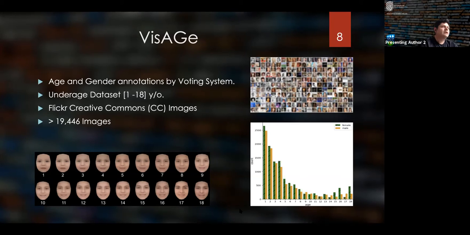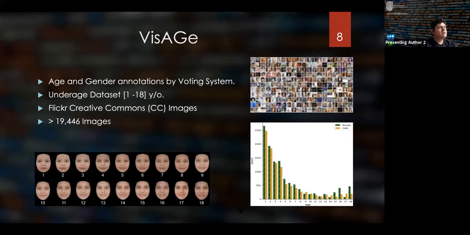As you can see on the bottom right-hand side, that's the distribution of the counts of subjects per age. Throughout the ages, we can observe an exponential decay in the number of images. Nevertheless, we were able to obtain over 19,000 images.